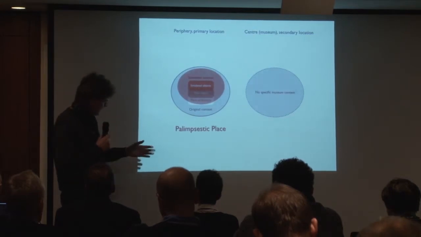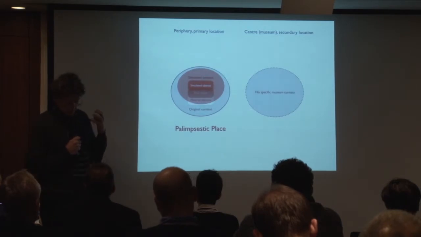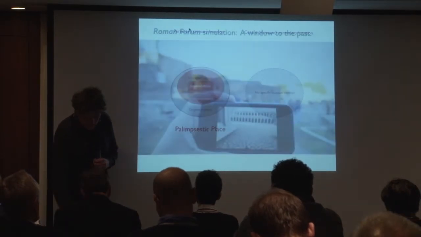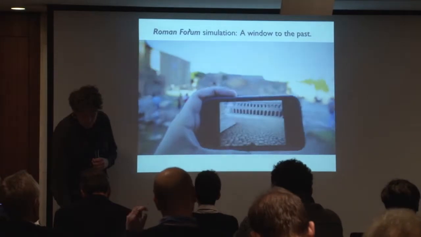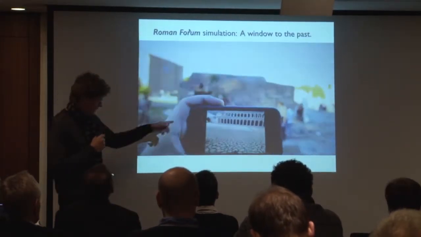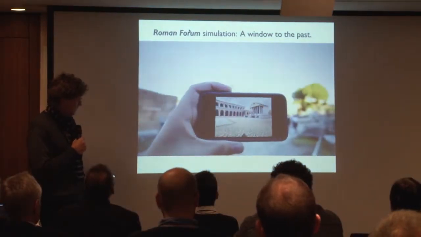So we have a kind of what I would call a palimpsestic place, because you have traces of various periods in the same location. One of the typical locations for this is the Roman Forum, where we have developed what we call a situated simulation.